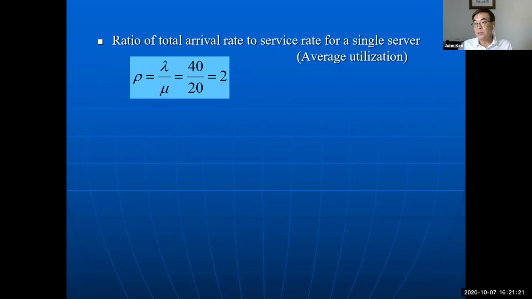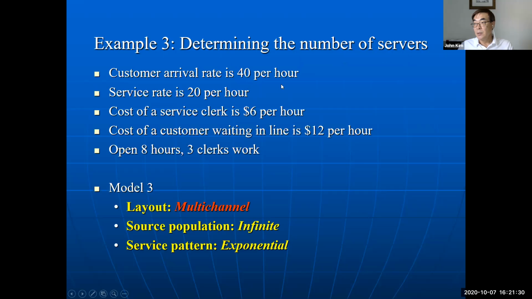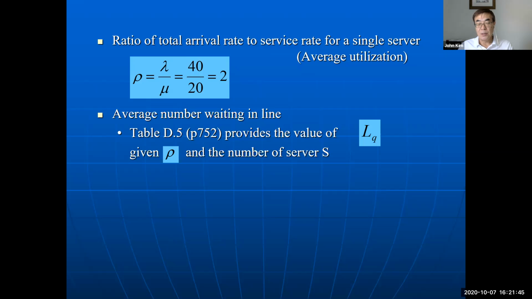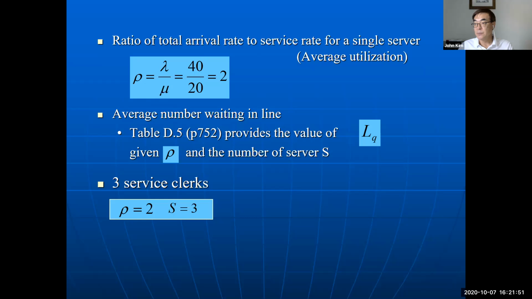To use the chart, we need the utilization rate, lambda over mu. Customer arrival rate lambda is 40, and service rate is 20. So 40 divided by 20 equals 2. And then we need how many channels. So using the chart with this utilization rate and the number of servers, S equals 3 for this example.